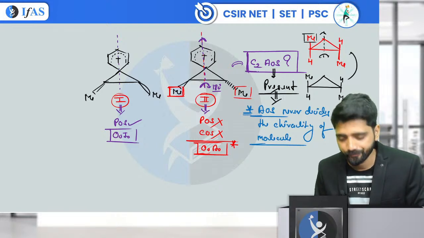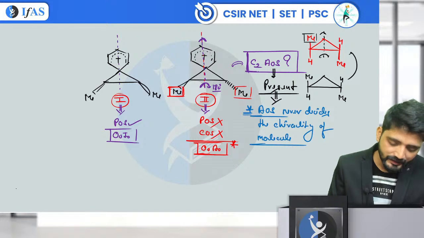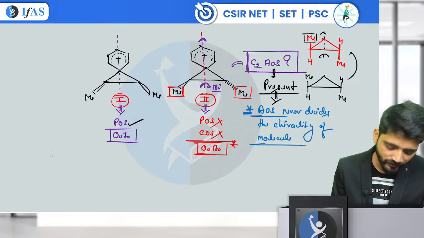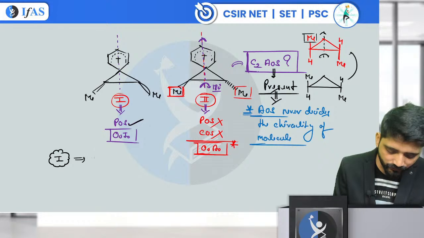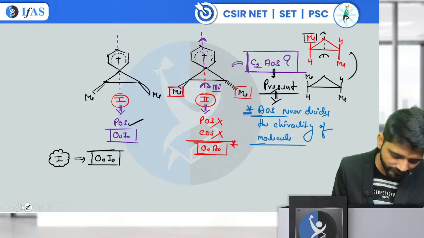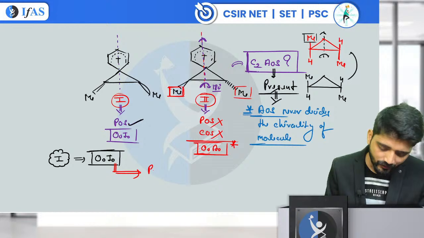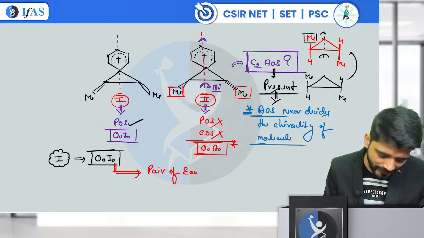So now coming back to our part, we have found that this is optically inactive, plane of symmetry is present, and this is optically active. So the conclusion I am drawing here is, let's suppose you are solving a question and you get an intermediate, and if your cyclic intermediate is optically inactive, then the products which you are going to form from here are going to have the relationship of a pair of enantiomers.